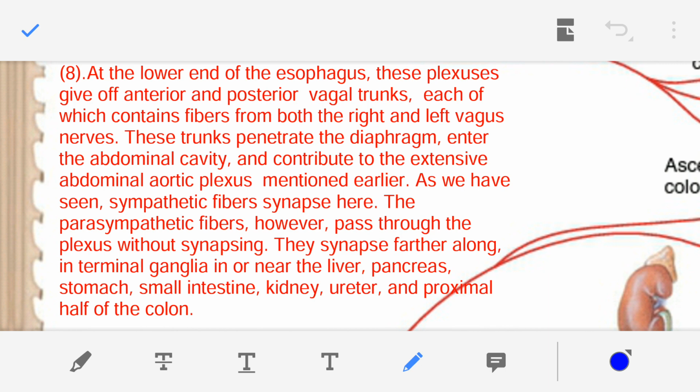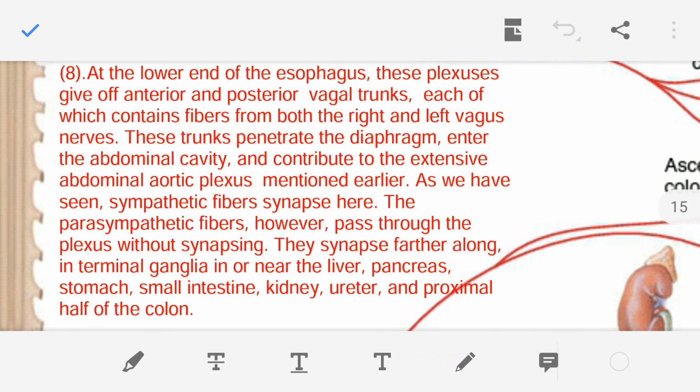Each of them, the anterior and posterior vagal trunk, contains fibers from both the right and left vagus nerves.